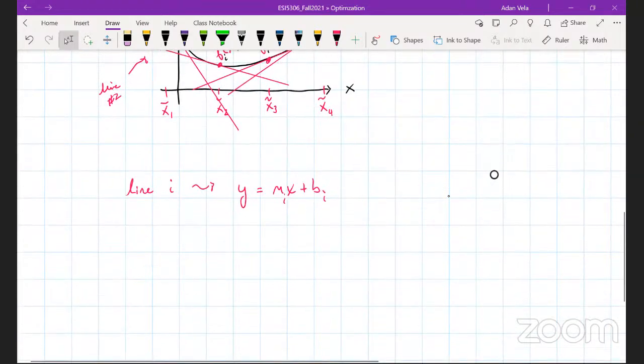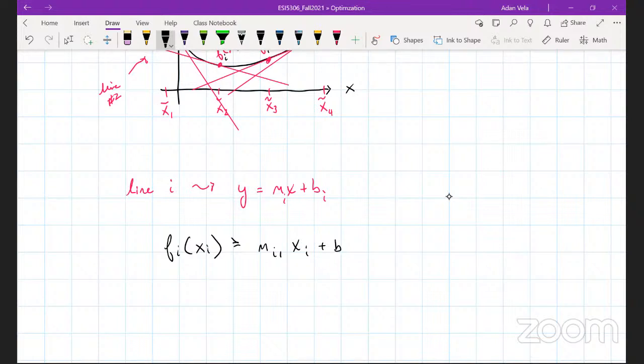Okay, so that means if we look at fi of xi, it has to be greater than, and I'm going to write out all the indices here, mi1 times xi plus bi1.